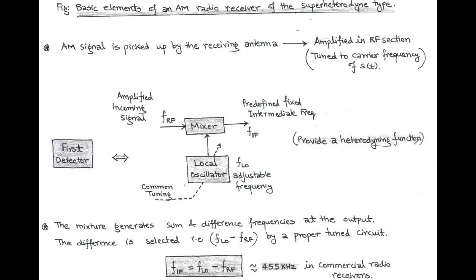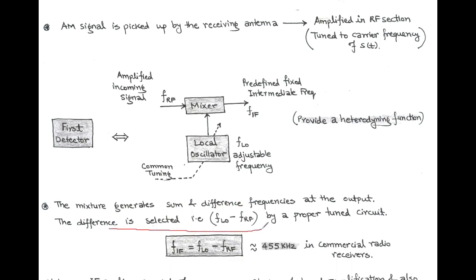But for a properly tuned circuit, the difference of the two frequencies is selected, that is FLO minus FRF, and this is called the intermediate frequency, F suffix IF. Here the difference is FLO minus FRF because for proper tuning of a superheterodyne, the local oscillator frequency FLO is adjusted high with respect to radio frequency FRF.